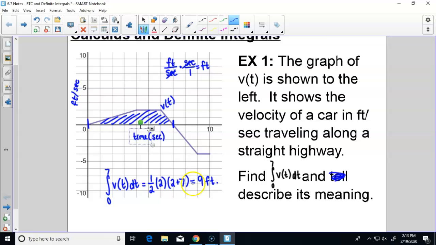This 9 feet, we know it has to be a distance because it's just feet, right? If it were acceleration, it'd be feet per second per second. If it were still feet per second, it'd be a velocity, right?